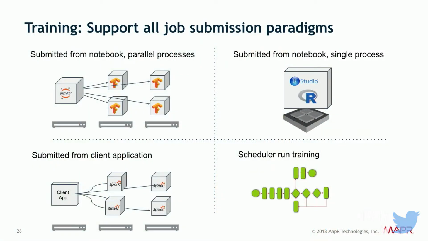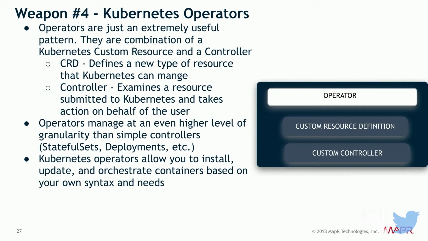So I'm going to start in the middle, and I'll go back to the notebooks and talk about that. But basically, the idea is you need to train in lots of different ways. There are a lot of Spark users in this audience. You can run Spark-on-Kubernetes now. You can run TensorFlow. All of these follow a single basic pattern.